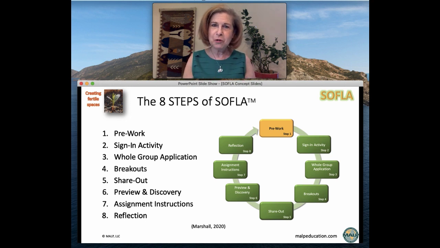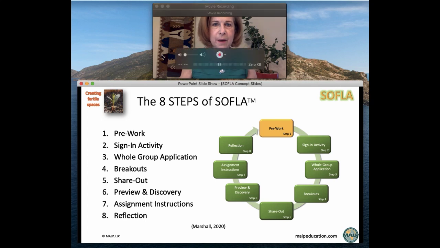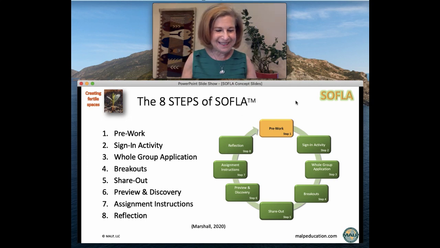And notice, I'm sure you did, that the pre-work is a different color because it's the linchpin of the whole model. Everything depends upon the pre-work. And if you're experienced with flipped learning, you know that that's an important key to success. And we will address that. So now we're going to go through the 8 steps of SOFLA.